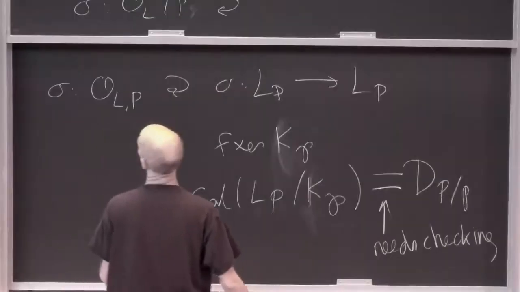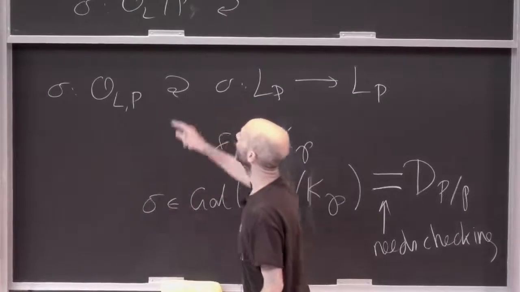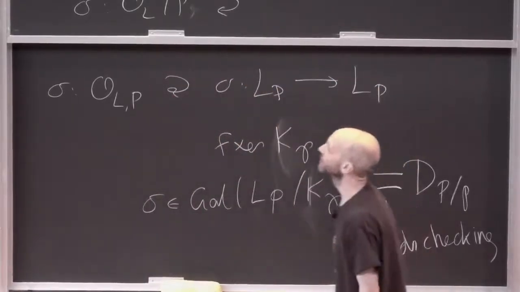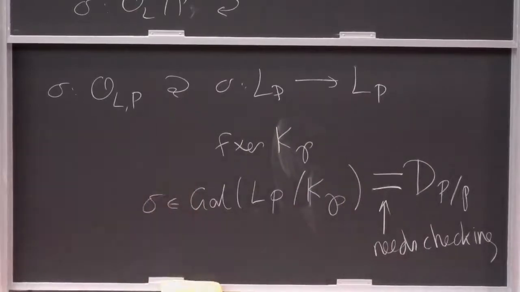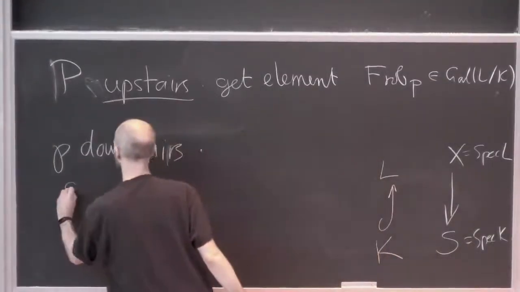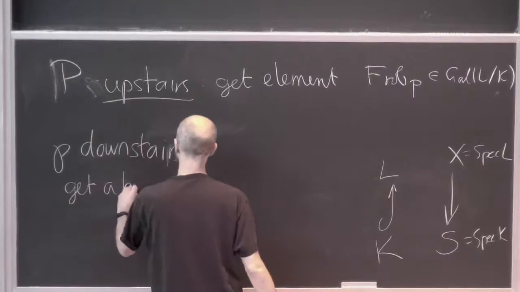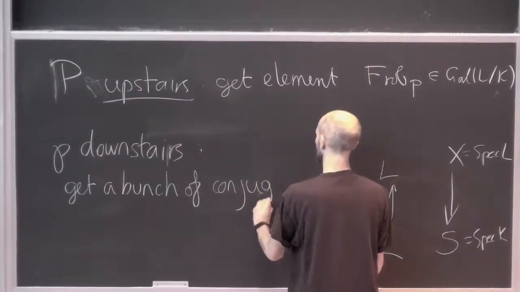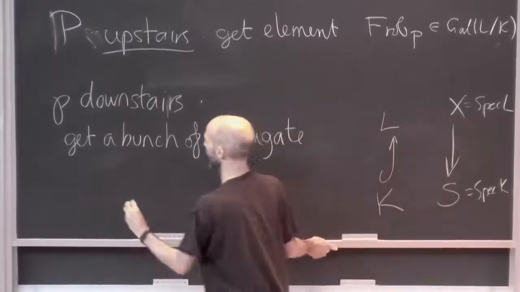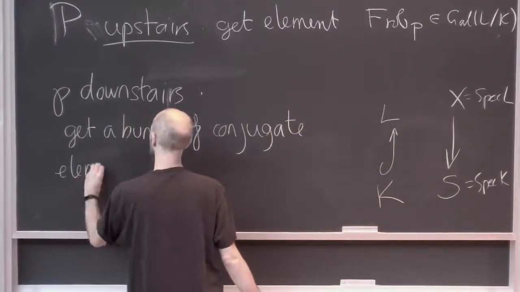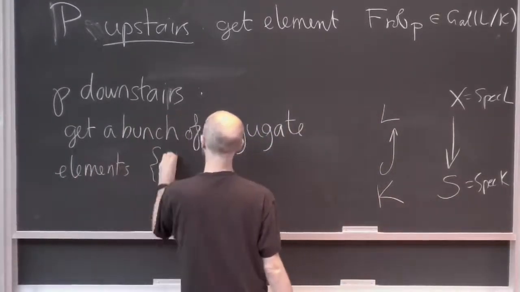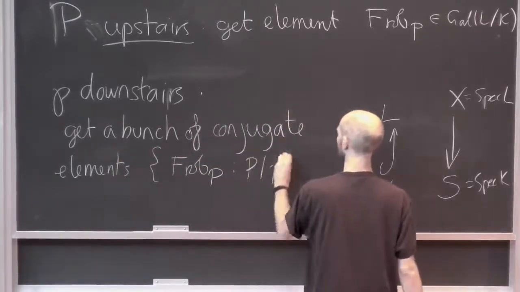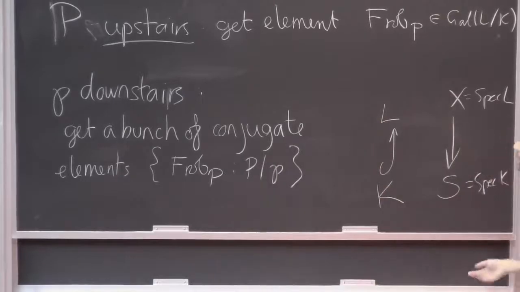And if I then conjugate everything around, I'll see that my Frob_P turns out to be conjugate to their Frob_P. So for P downstairs, you get a bunch of conjugate elements: Frob capital P for capital P dividing little p upstairs, right?